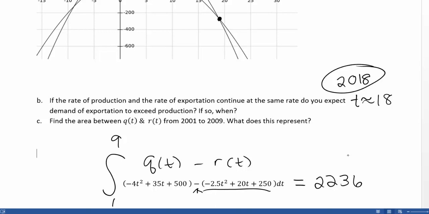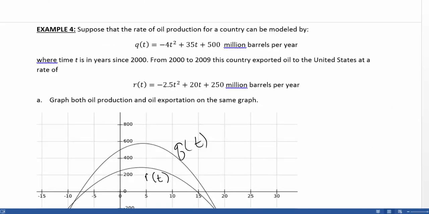So if we're integrating the rate, let's go back up and look at what the units of our rates were. So notice that the rates were in millions of barrels per year. And then we integrated over years, which means that when you integrate either one of these functions or both of them together, your units are going to be million barrels.